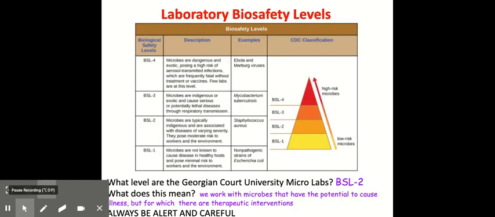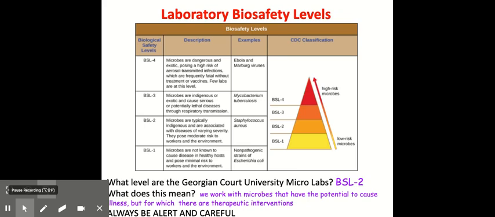Laboratories are classified by the level of risk of the microbes being studied, and they have certain equipment and extra precautions depending on their level. The levels are known as laboratory biosafety levels, or BSL levels, and the highest level is a BSL level 4 lab. A BSL level 4 lab would study microbes that can be fatal and for which there are no treatments or vaccines.